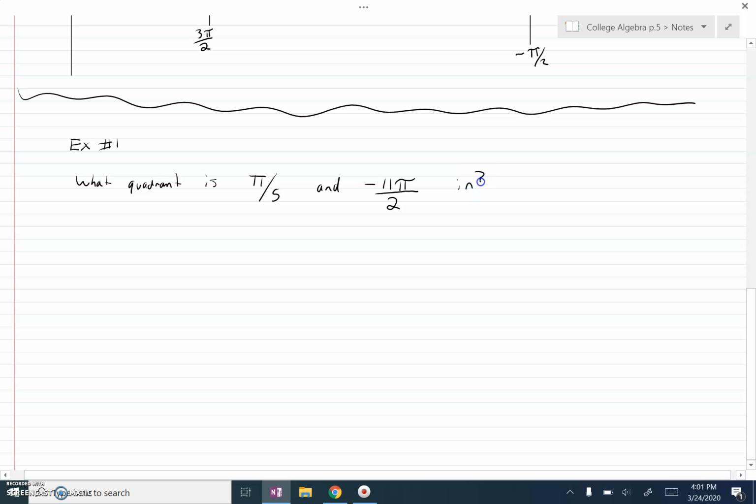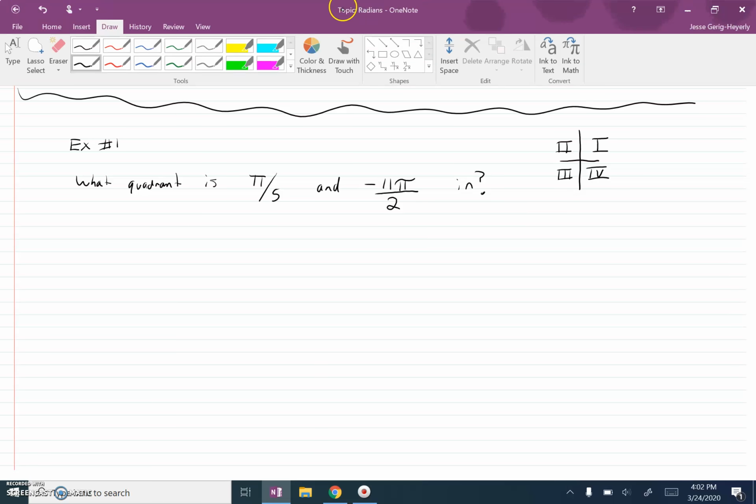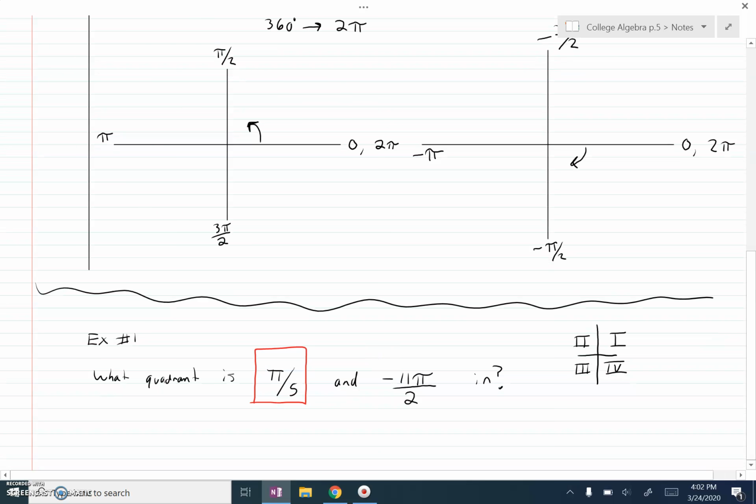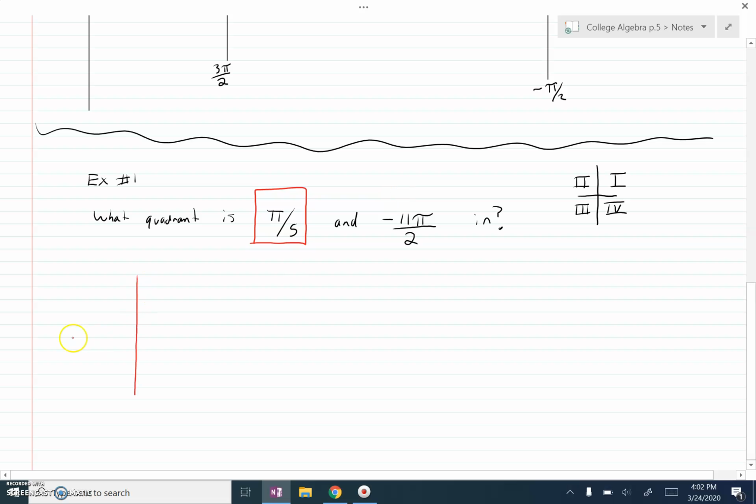So really quick before we try this, remembering quadrants: this is quadrant 1, quadrant 2, quadrant 3, and quadrant 4. Then if I look at the first one, pi over 5, and look back at my notes from above, it's a positive number, which means if I look at my coordinate plane, we'll be doing the unit circle later, I'm starting at 0 and going this direction, and I'm only going pi over 5.